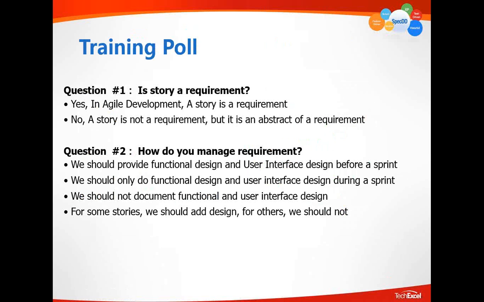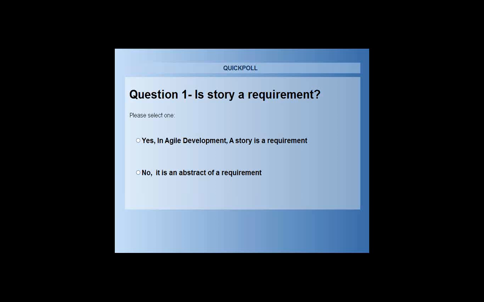So before I continue, I want to take a poll. Question 1, is a story a requirement? And there are two answers, yes and no. Question 2, how do you manage the requirement? Should we provide functional design and user interface before a sprint or during a sprint?